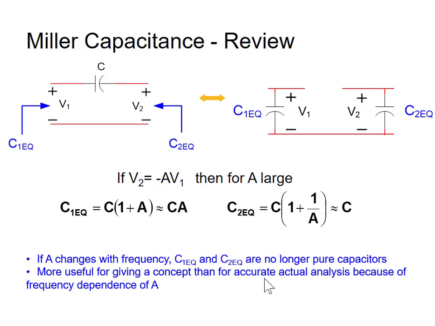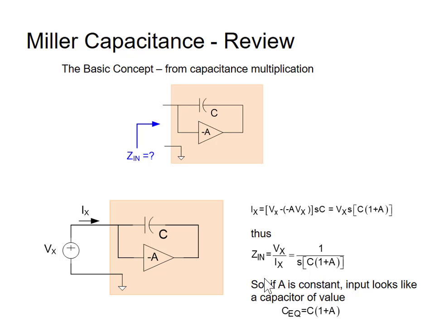So we can still derive a lot of benefit from it, just not quite as good as this analysis suggests. But that's where a computer comes in. Because we will neglect the effect of the gain initially and get close, and then maybe make a few changes in the size of the capacitor that will compensate for the fact that the gain is not constant with frequency. Okay? So it gives insight, but won't give exact results.